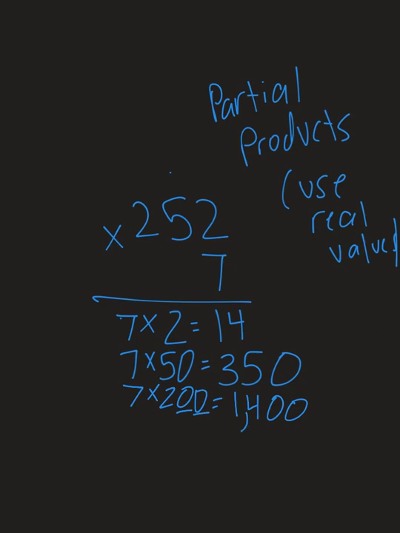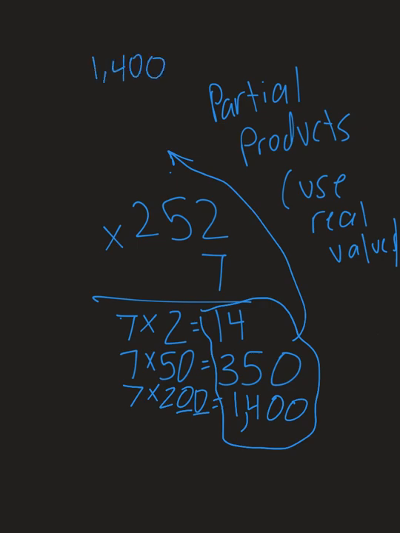And then all I have to do to find my answer is I have to take all these, line them up nicely somewhere, and add them together. So I'm just going to come up here and do that. I'm just going to line them up. 1,400.